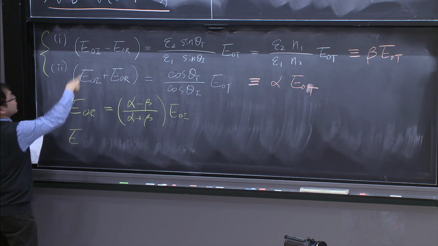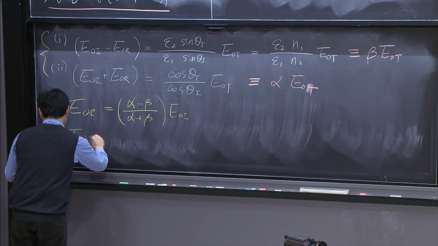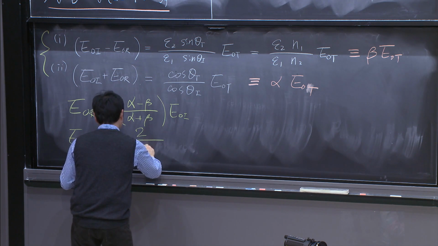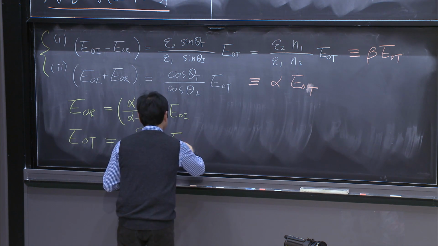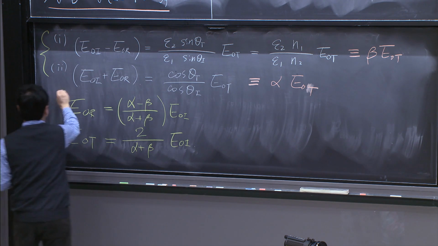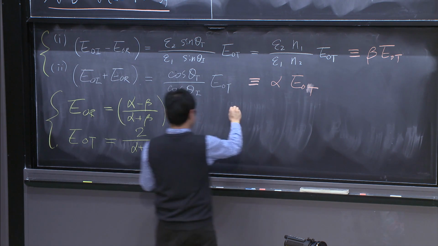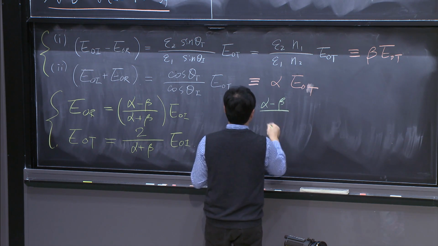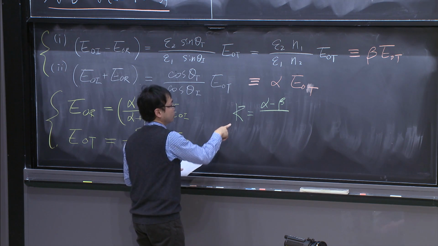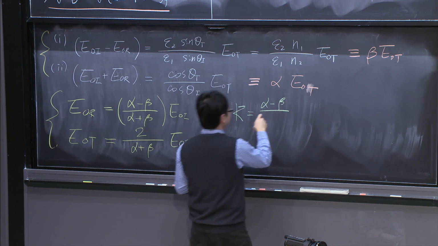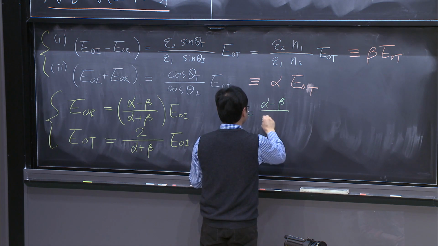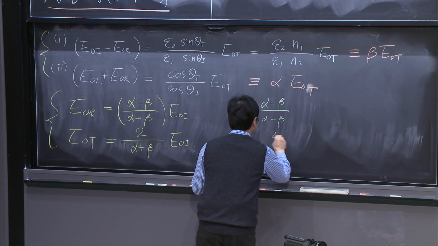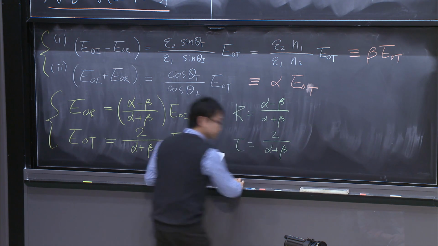You can also solve based on these two equations for E0t, and it will be equal to 2 divided by alpha plus beta times E0i. So the reflection coefficient is alpha minus beta divided by alpha plus beta, and the transmission coefficient is 2 over alpha plus beta.